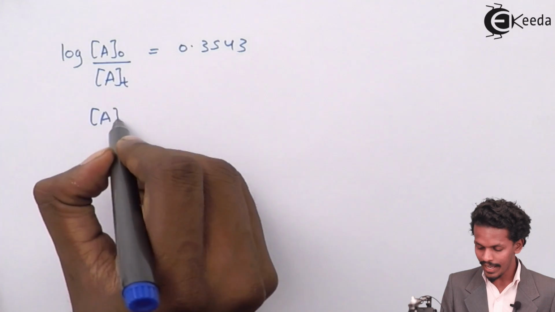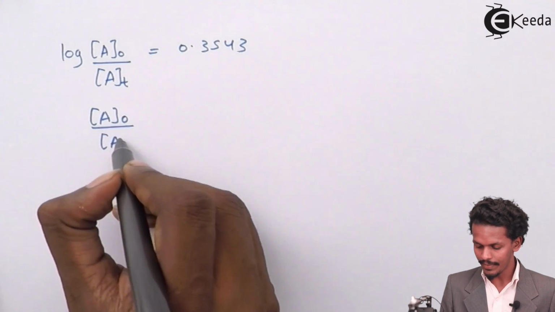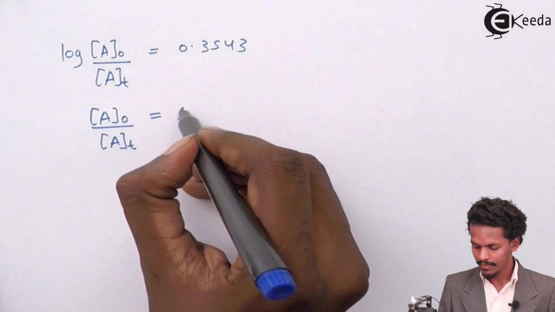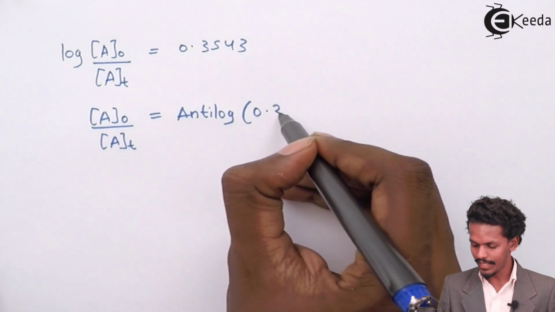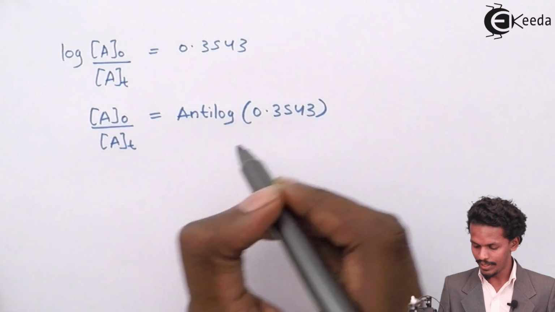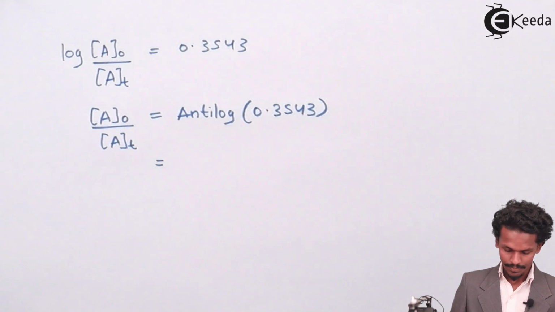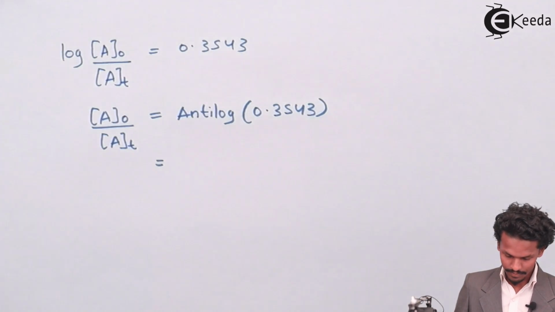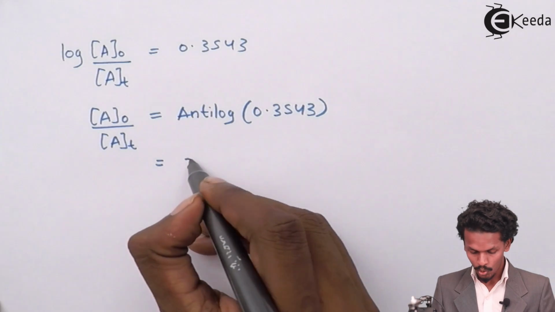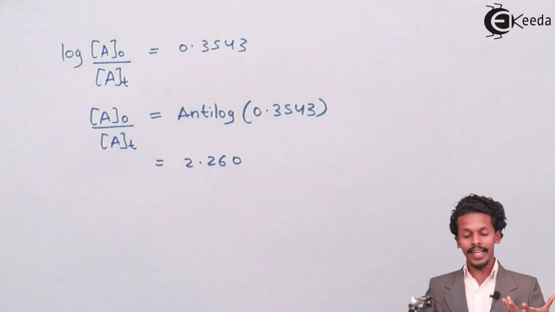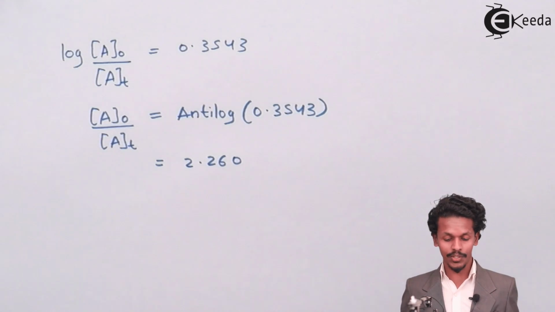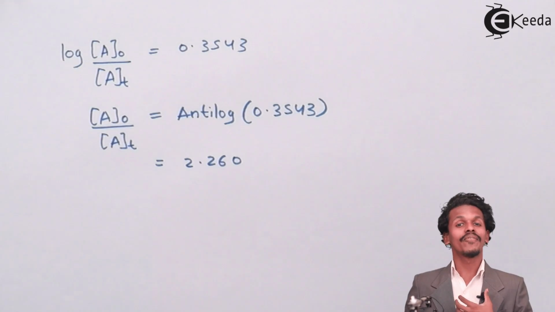So therefore A0 divided by At will be the anti-log of 0.3543, which is 2.260.